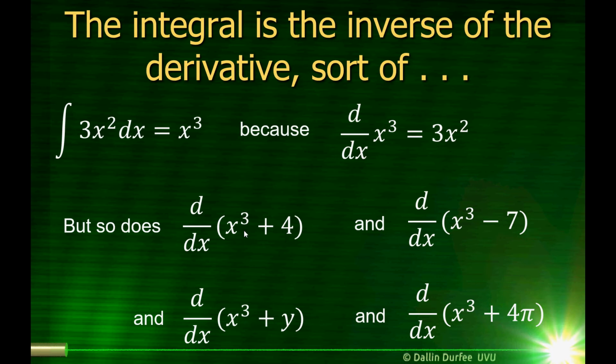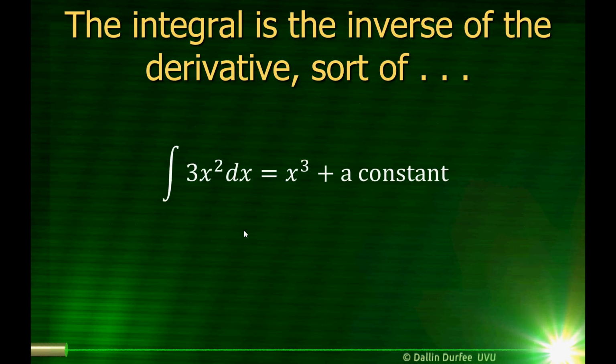So if I take any of these functions, x cubed plus anything that is a constant, and I take the derivative of that, I'm going to get 3x squared. So when I integrate to go backwards, to go back to my original function, I've lost that constant. I don't know what that constant was. So when I take what we call an indefinite integral, the solution we get is always something that we find plus a constant.